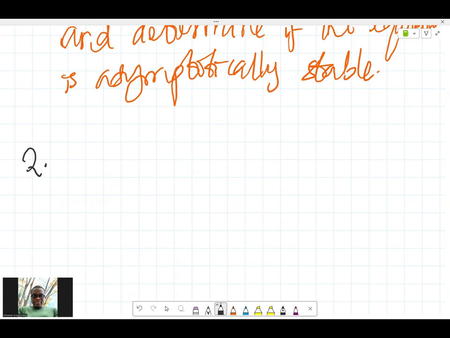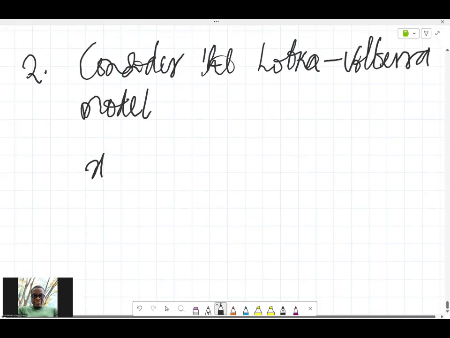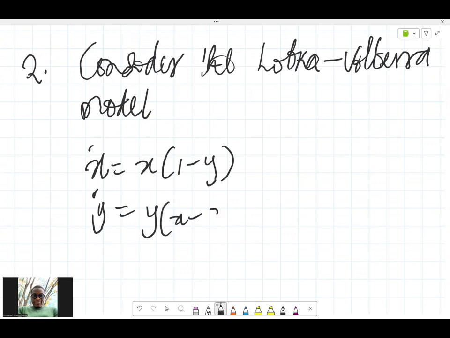Let me just give this as number 2. Consider the Lotka-Volterra model, where you have x dot equals x into 1 minus y, and y dot equals y into x minus 2.